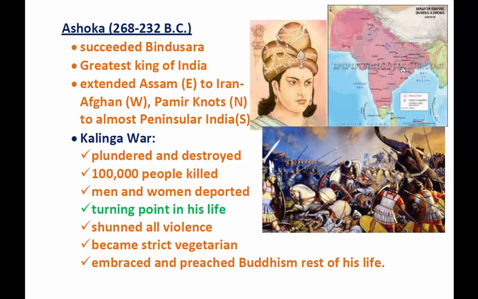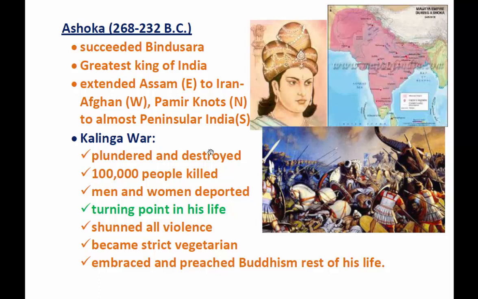Ashoka was a very great ruler. During his rule in the Mauryan Empire, he fought a very stunning great war called the Kalinga War. Kalinga was the name of a place in India. He plundered and destroyed the whole part of Kalinga during that war.